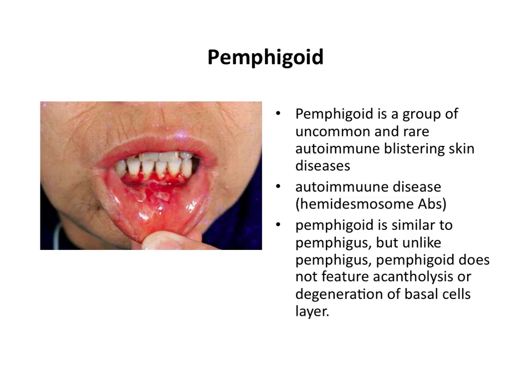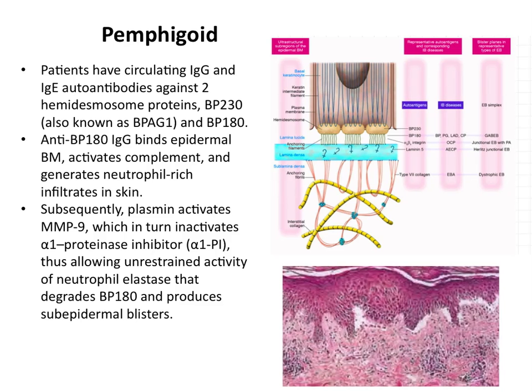You may remember that desmosomes bind epithelial cells to each other, whereas hemidesmosomes bind the epithelium to the basement membrane. So although you might think that this is more serious, that the whole epithelium may fall off, it actually has a better prognosis than pemphigus.